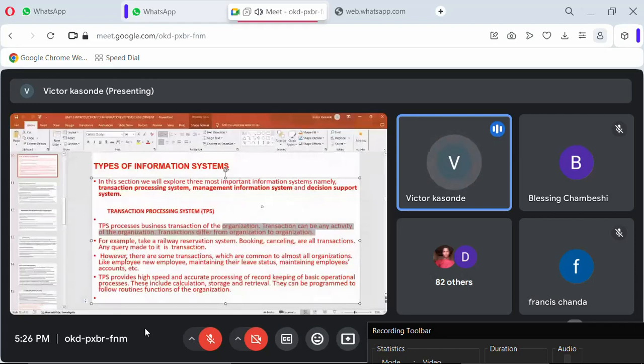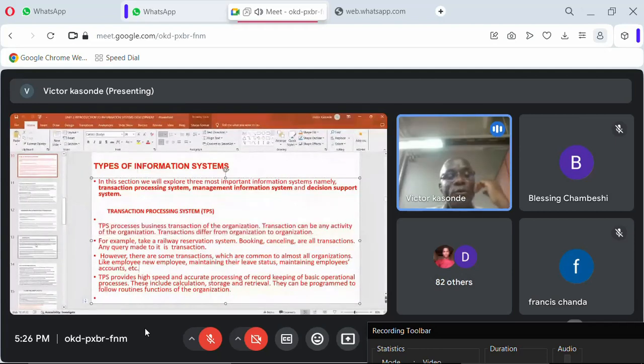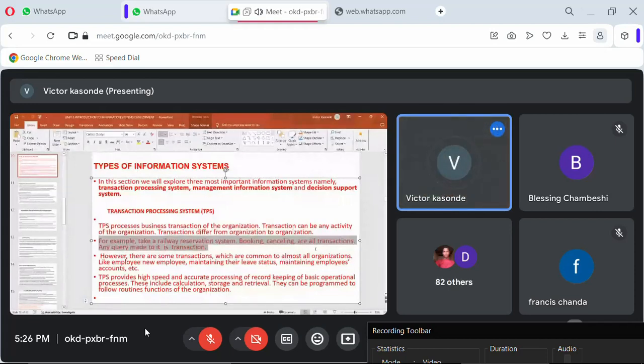CBU is more geared to students. So it differs from organization to organization. We gave an example of a rail reservation: booking of a ticket, cancellation, and any queries made to a transaction.